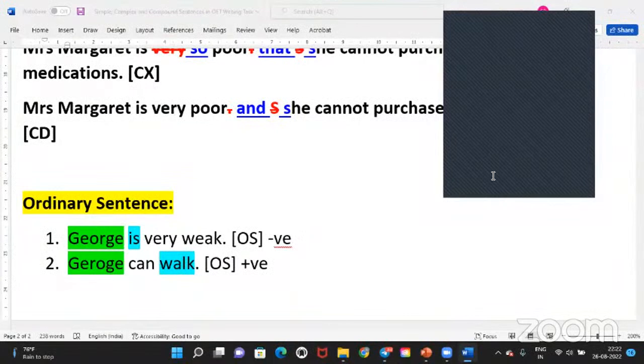Imran Rashid, you are in too much of a hurry. You are wrong. Check it out. Though George is very weak, he can walk.